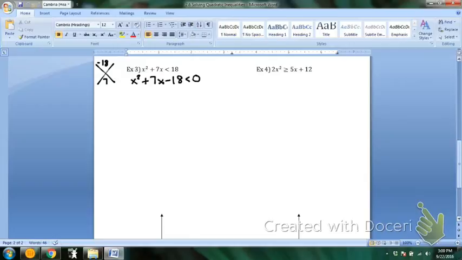Do 3 and 6 add to get 7? What two numbers multiply to get 18 but add to get 7? 9 and 2. But the 2 needs to be negative. Okay. And you can split the middle on this too. If you're used to splitting the middle, you are welcome to split the middle on this. It's going to give you the same thing. I'm just taking the shortcut.